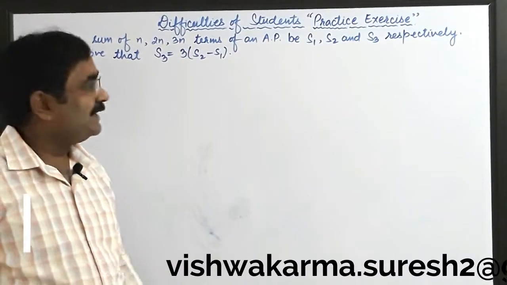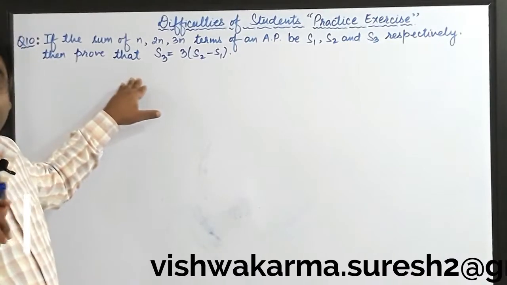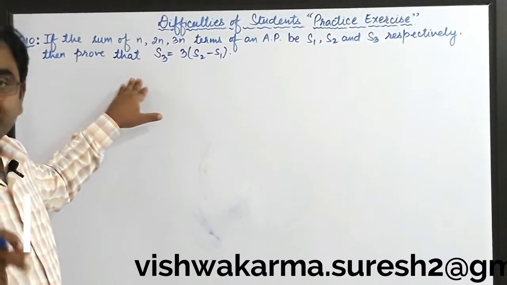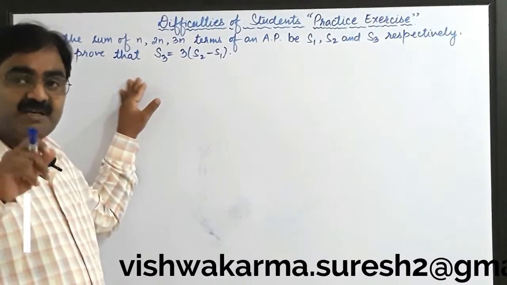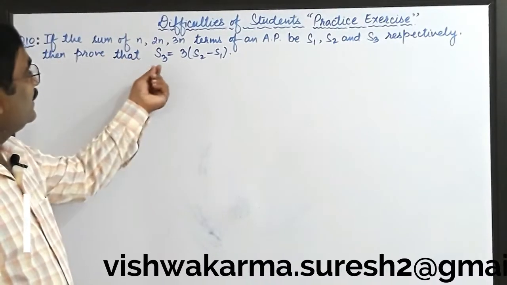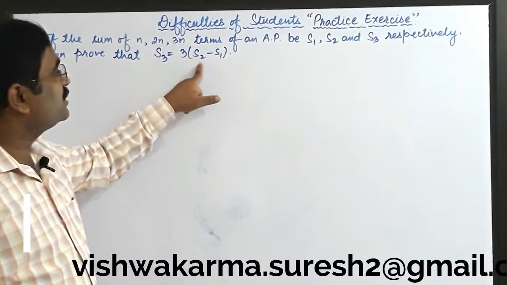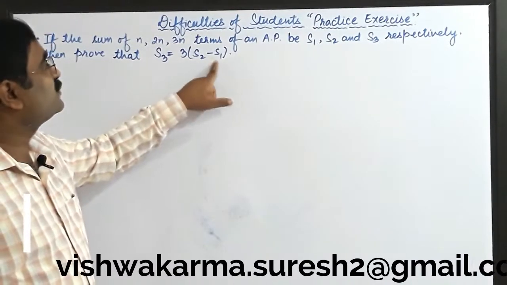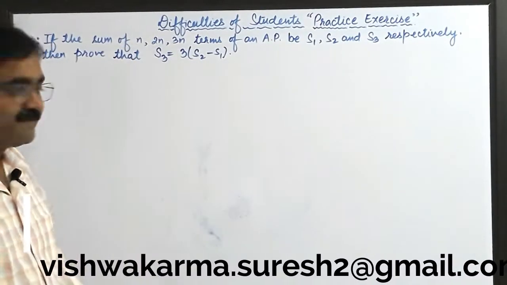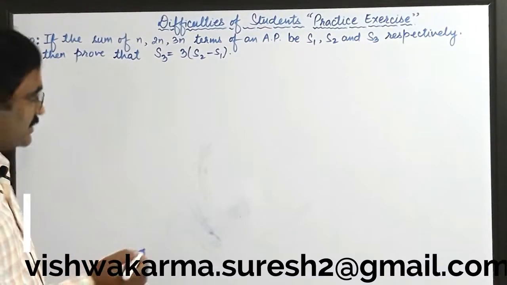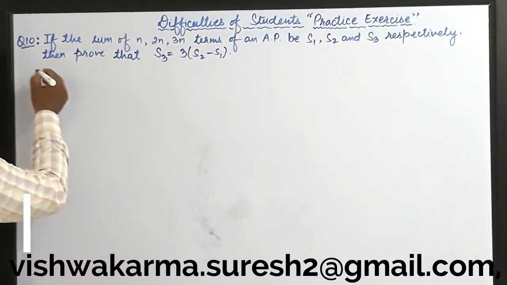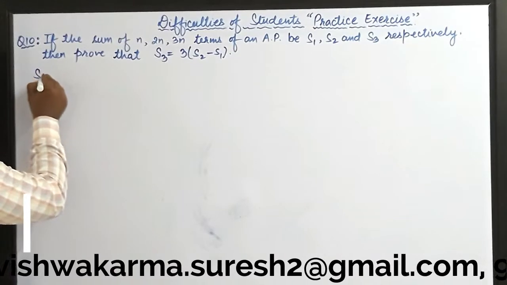I think this question was given by Vidisha. So Vidisha, you have to be careful. Here S3 is the sum of 3n terms, S2 is the sum of 2n terms and S1 is the sum of n terms. So as the sums are given, see the solution of this question.